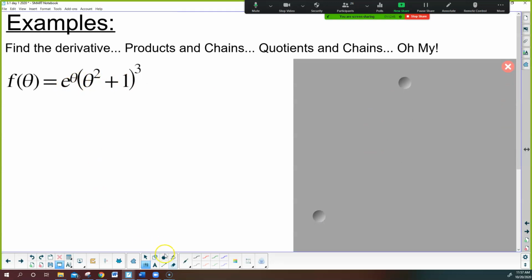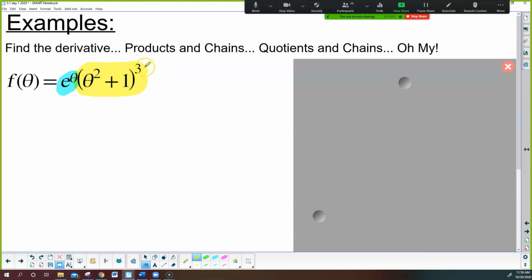But look at here, I've got a product. So I may have to apply the product rule first, or sometimes I have to apply the chain rule first. It depends on how the order is set up. But notice I've got two functions. I've got e to the theta, and then I've got theta squared plus 1 to the third power. So I'm thinking here, hopefully you see the layers in the yellow one.